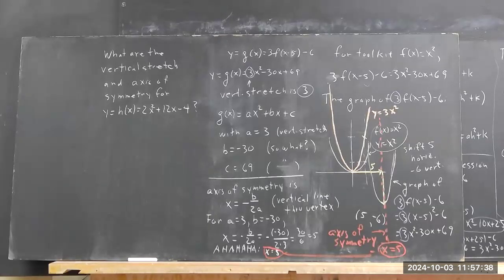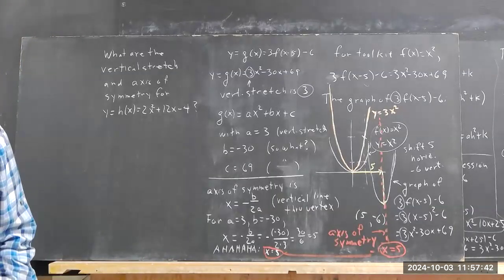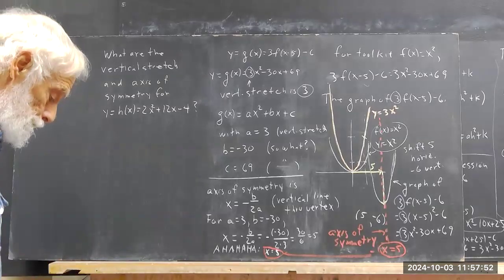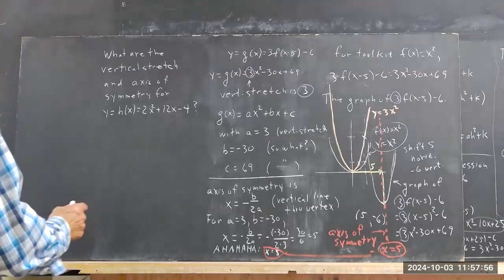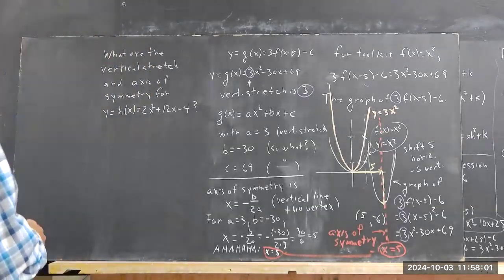Now, some people have gone off into quadratic formula land. Which is actually really a good thing, except you're not answering the question that we're posing here, right? So the question we're posing, well, it's very simple. Vertical stretch is 2.